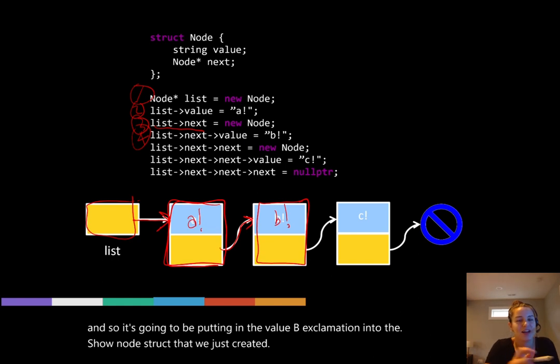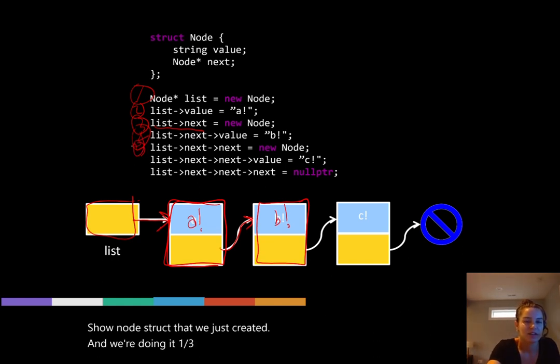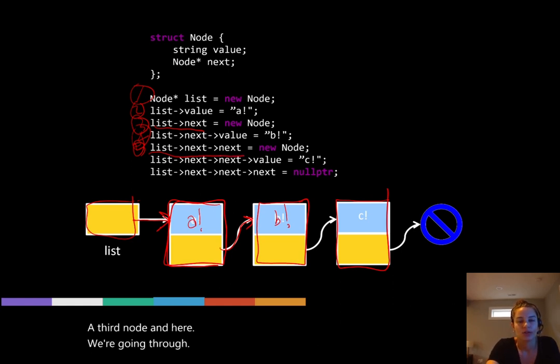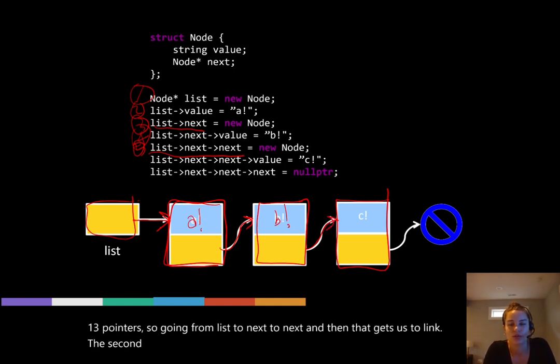And then we're doing it a third time, so 5 is going to be adding a third node, and here we're going through 3 pointers, so going from list to next, and then that gets us to link the second node to the third node that we just created.